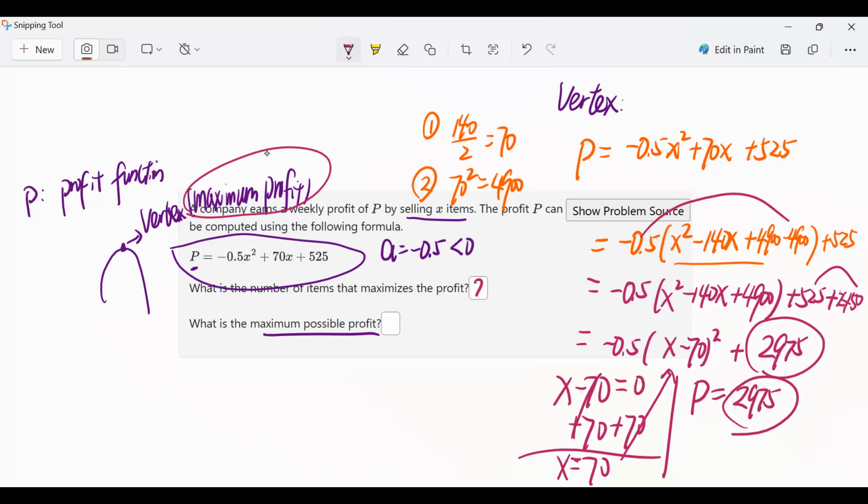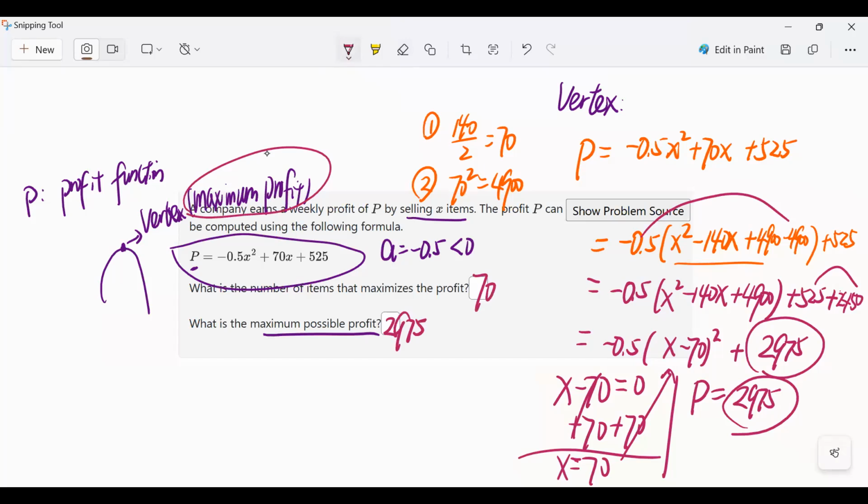So the maximum profit is 2,975. It could be $2,975 or 2,975 units, right? They didn't specify the unit here. So the number of items to maximize the profit will be 70 items. And then the maximum profit is 2,975.